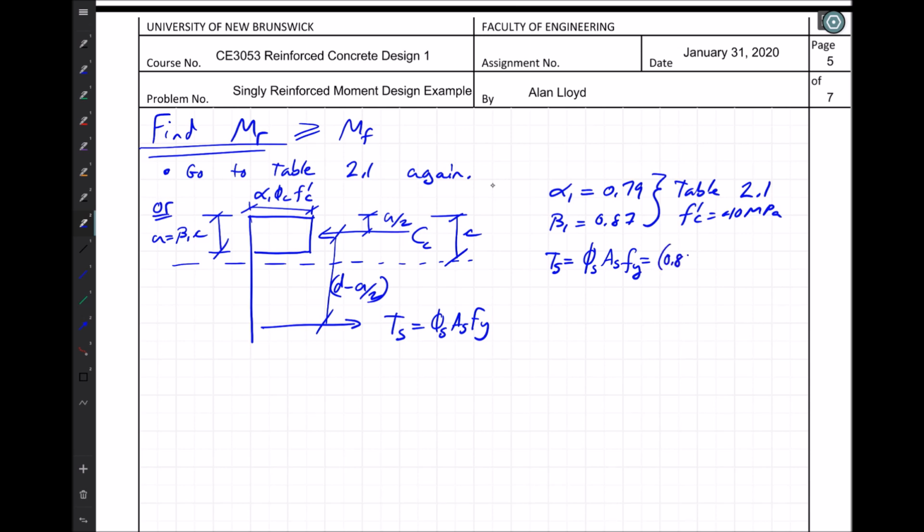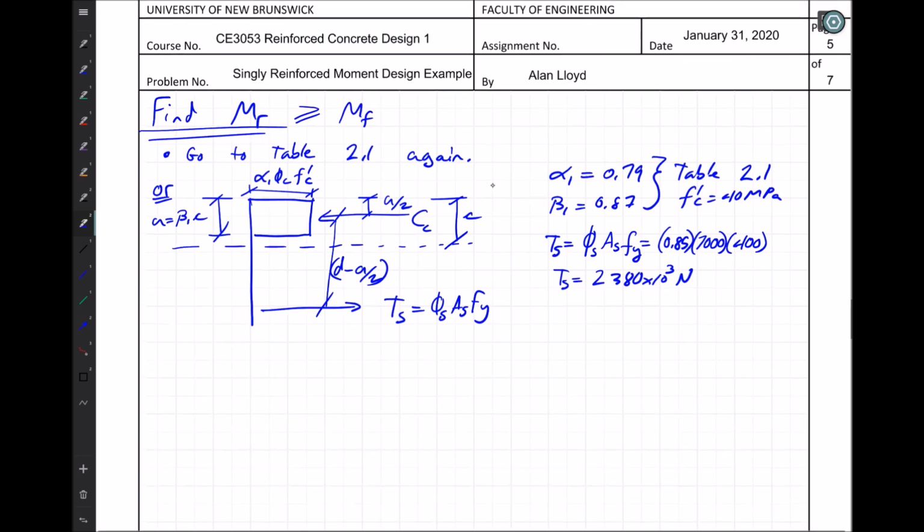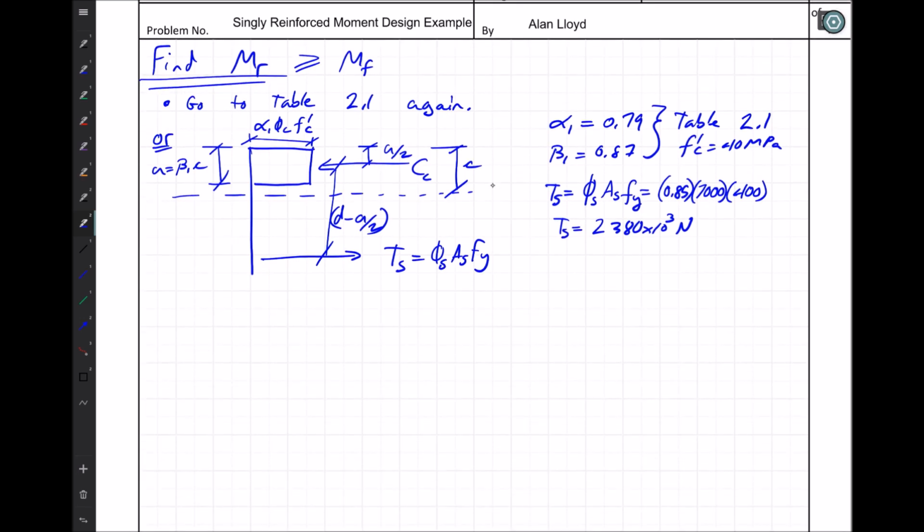That's 0.85 as phi S, times the area of steel 7,000 square millimeters, multiplied by 400 MPa. This gives us a value of TS of 2,380 times 10 to the 3 newtons, or 2,380 kilonewtons.